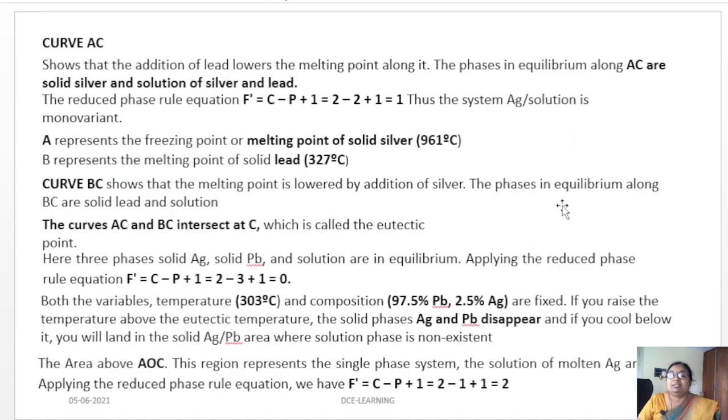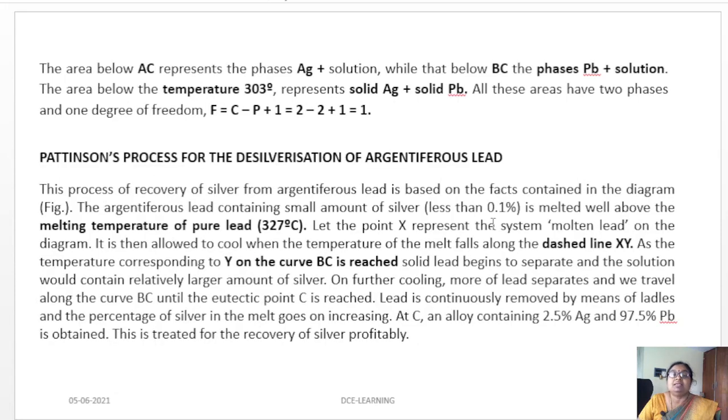This is the eutectic point, which is point C here.